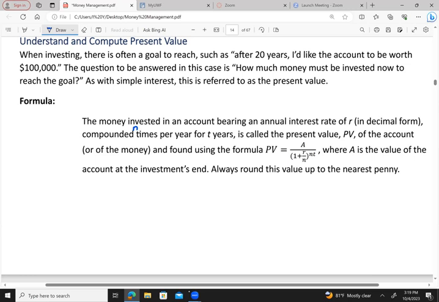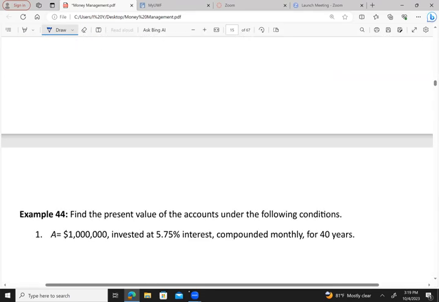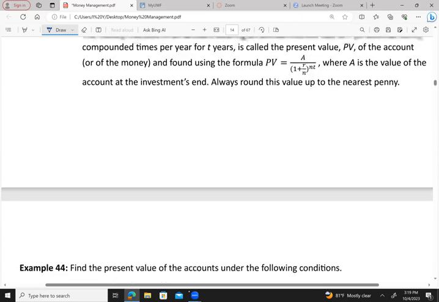It is found simply using A. Present value equals A divided by 1 plus R over N to the NT, where A is the value of the account at the investment's end, and we always round up to the nearest penny. So let's rewrite that here so we can refer to it easily. Present value equals the amount we're looking for over 1 plus R divided by N to the NT.